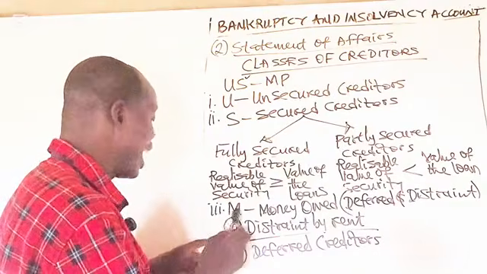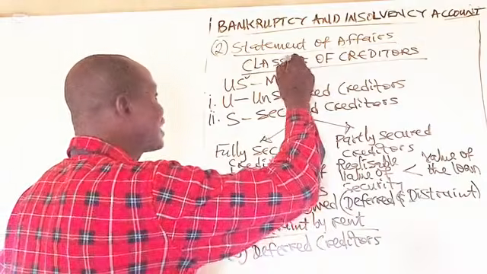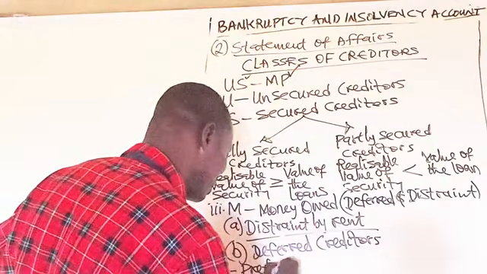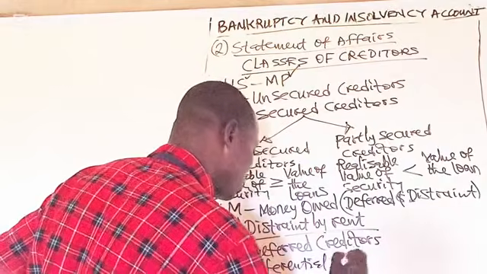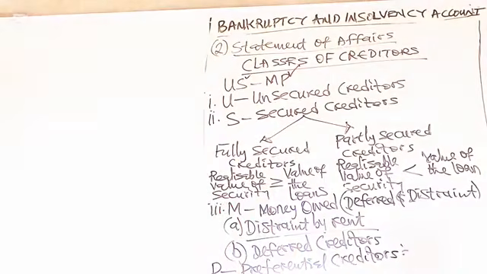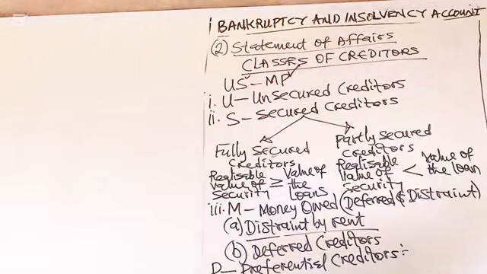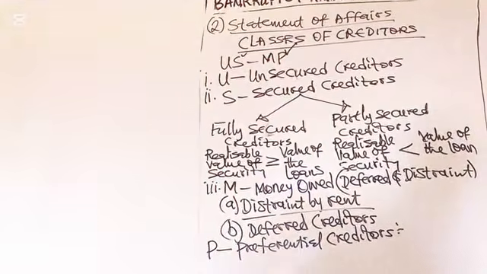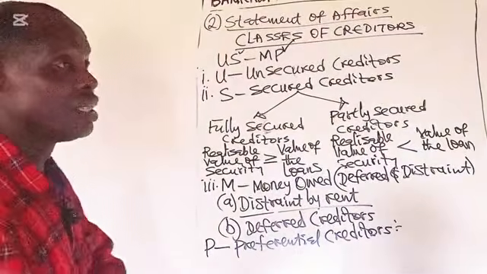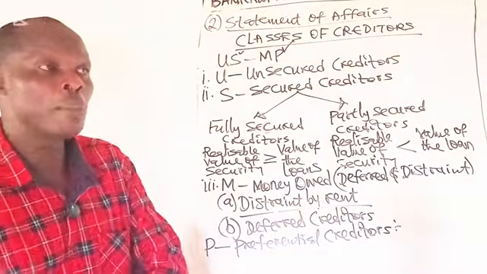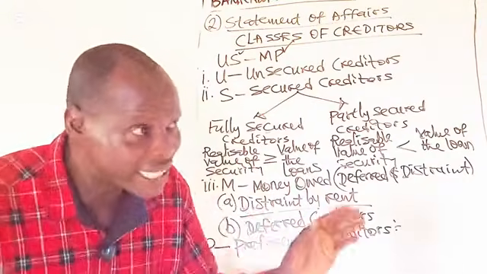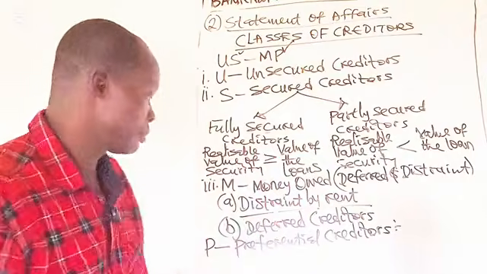Then after letter M, the last letter is letter P. P for preferential creditors. They are preferential because they receive preferential treatment. That means in the event of liquidation, they will be settled before everyone else.